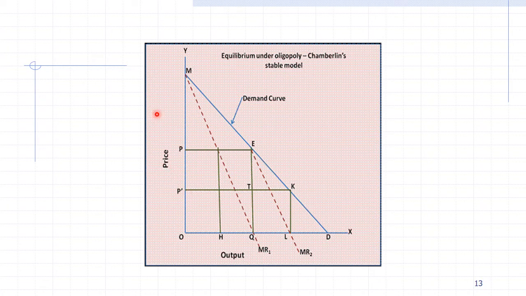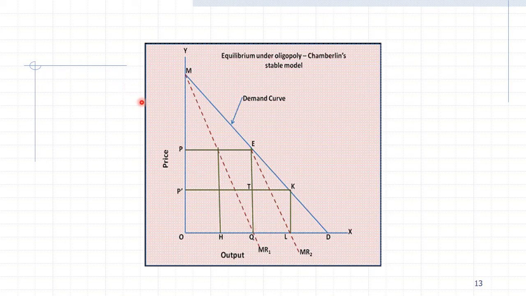In this diagram, this is the demand curve of this oligopoly market. MD is the demand curve. According to the assumptions, it is a negatively sloped demand curve.